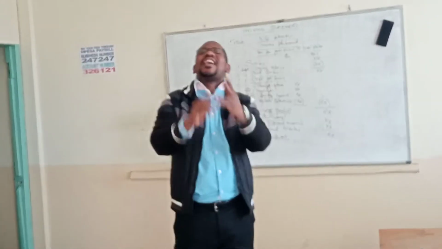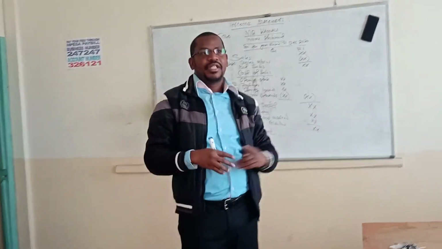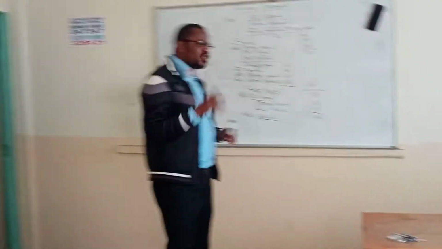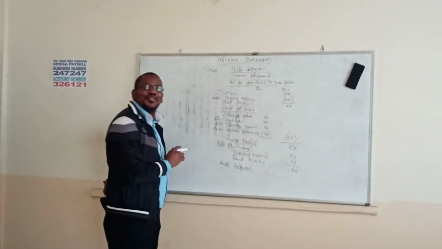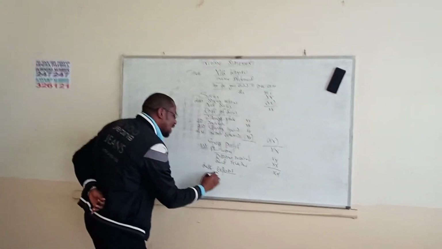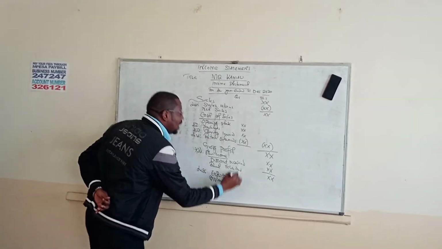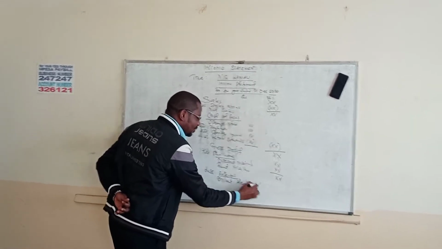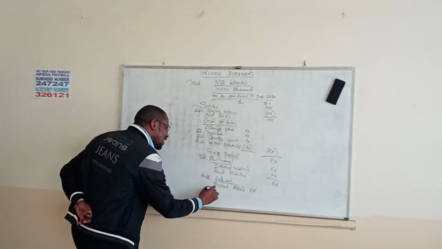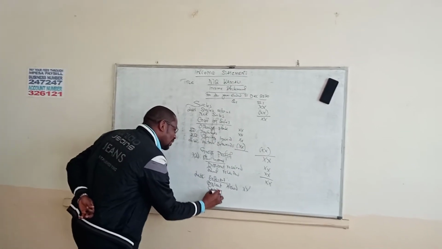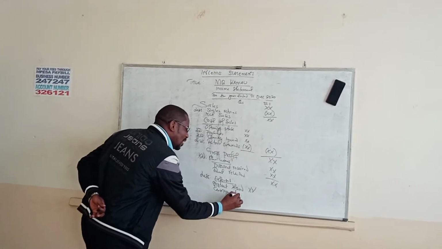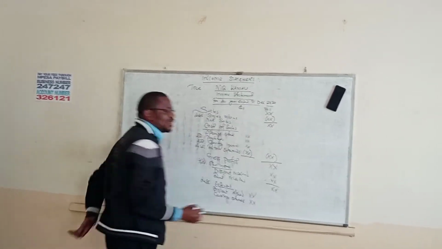Most of the expenses and assets are debited in our trial balance. So what are some of these expenses? Discount allowed is an expense. Carriage outwards is an expense.